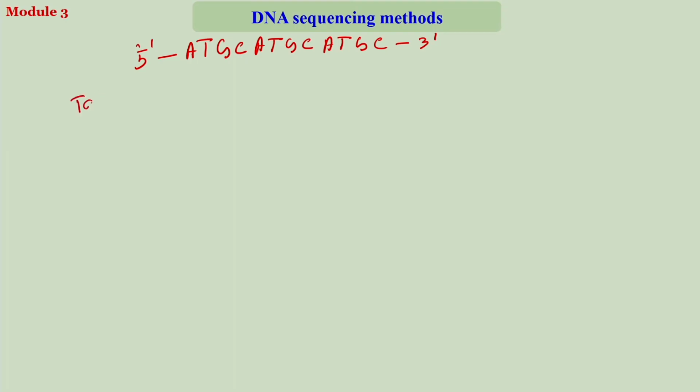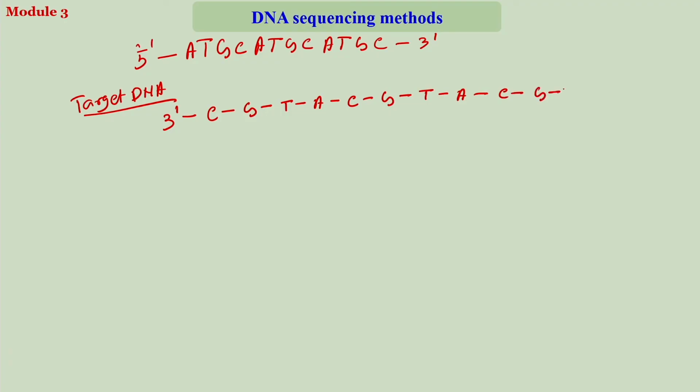So my target single stranded DNA I am writing now from the 3' to 5' end, it would be easy for me. C, G, T, A, C, G, T, A, C, G, T, A. So this is the target DNA.